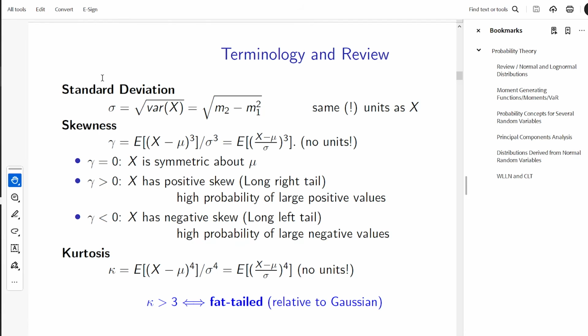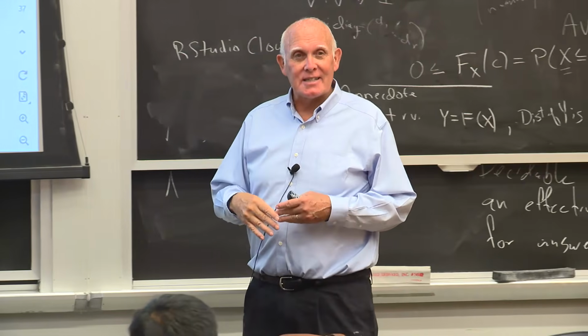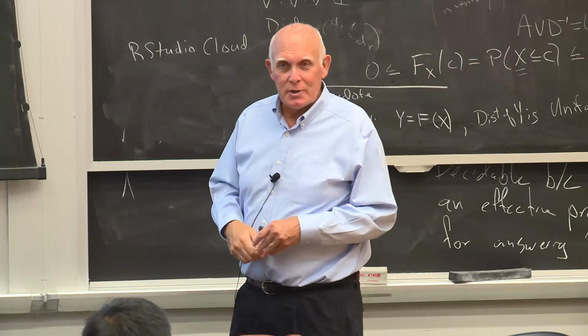Now with skewness and kurtosis, we're looking at measures of the shape of the distribution. And skewness, as you might anticipate, detects asymmetry in a distribution.